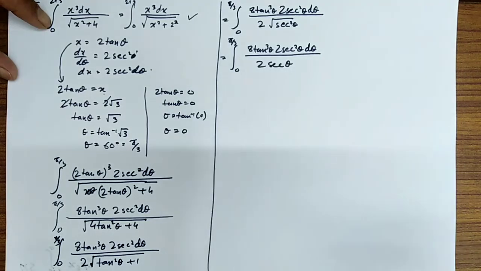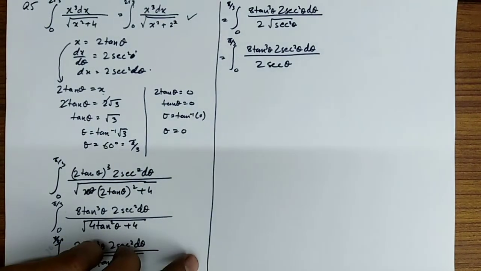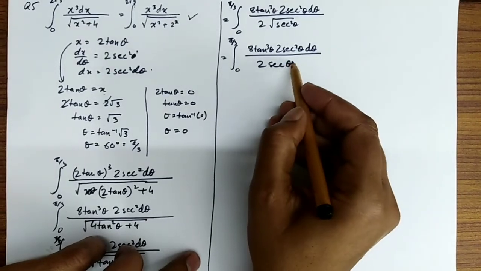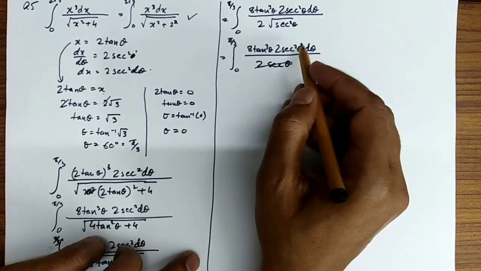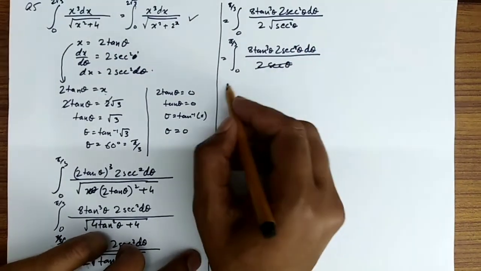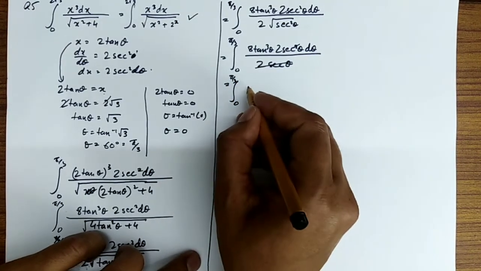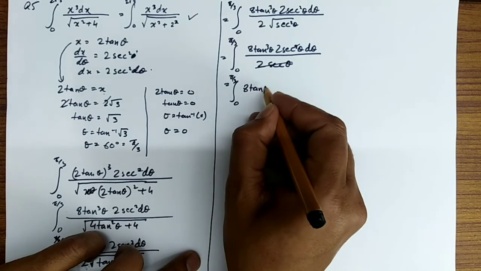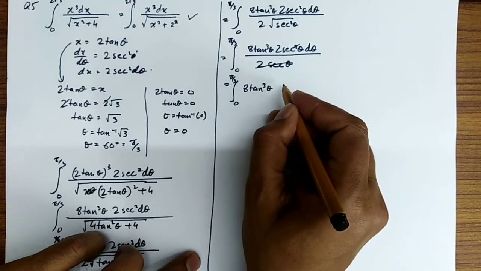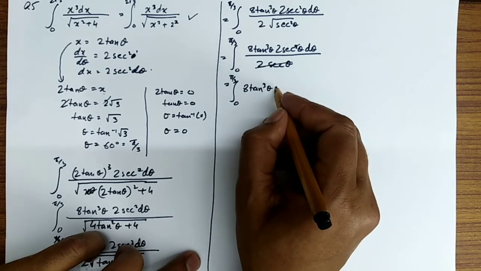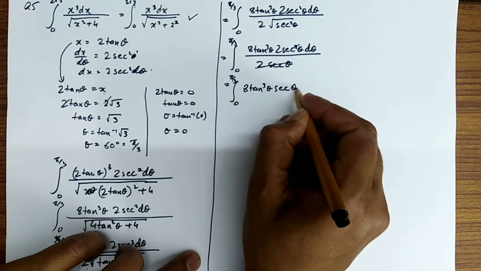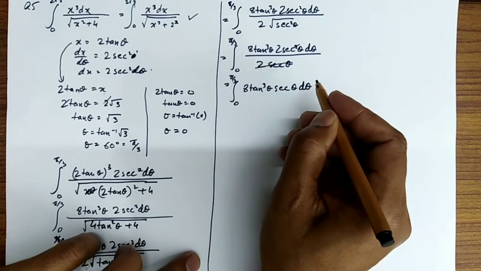Okay, now this is the form. We can cancel out this 2 sec square, 2 sec theta and this square from here. We will have integral 0 to pi upon 3, 8 tan cube of theta sec theta d theta. We are left with this one.